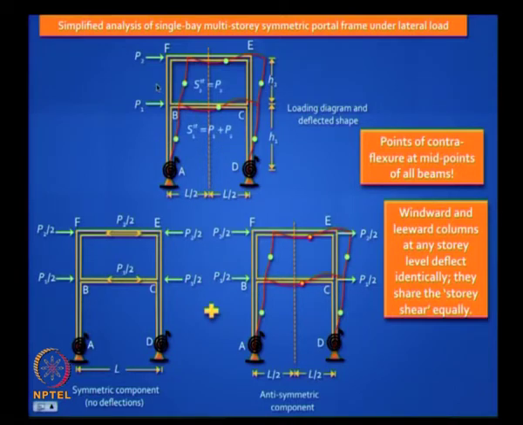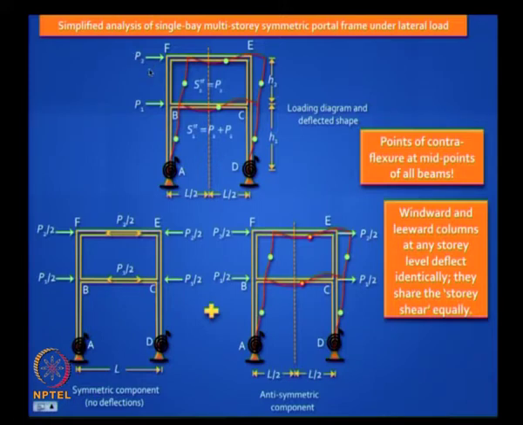Now let us say I cut a section here, wherever the hinge locations are in the columns, and I take out the top part. It is like a cantilever taking some lateral load, and that is referred to as a story shear. Story shear is the lateral load taken by all the columns in one story.